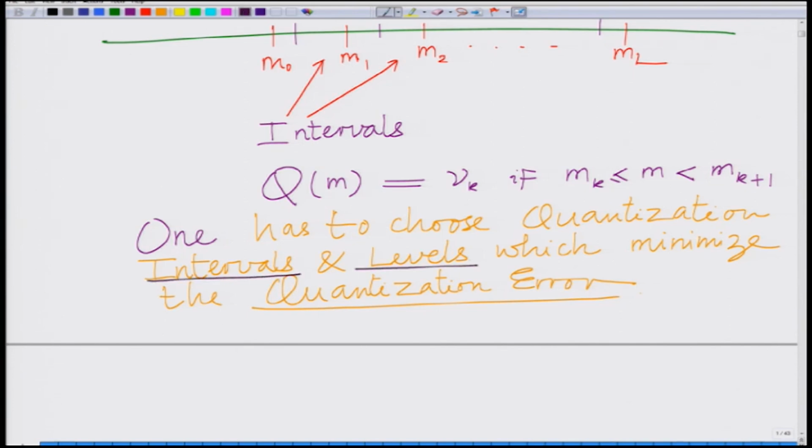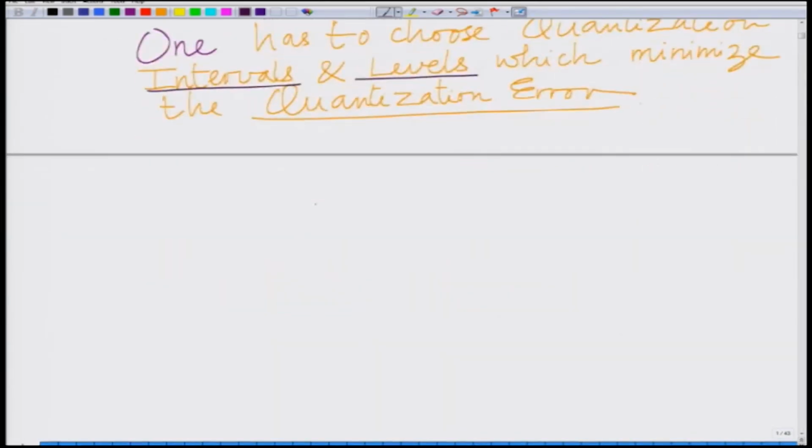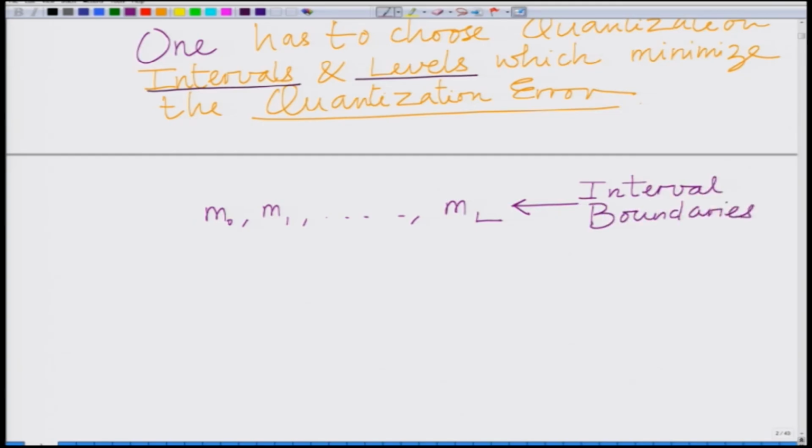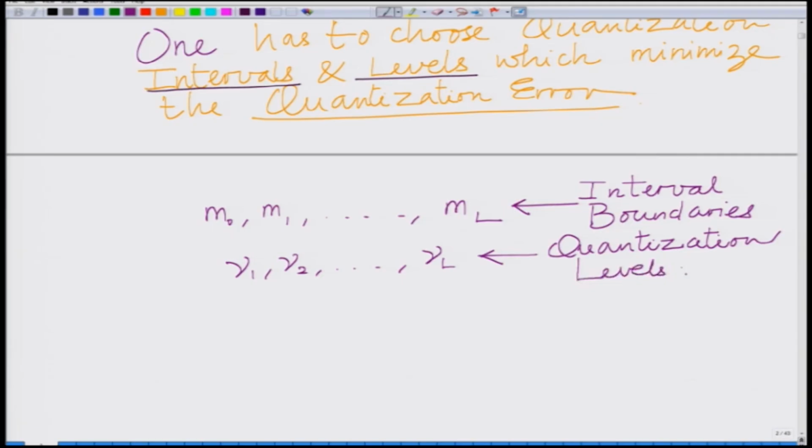So, how do we choose? The design of the quantizer is nothing but coming up with the boundaries of the intervals m0, m1 up to mL, these are your interval boundaries, and the quantization levels. So, you have to choose the interval boundaries and the quantization levels.